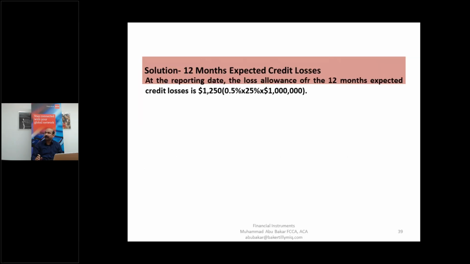So this way you can calculate at the reporting date the loss allowance for the 12 months expected credit losses: 1,250. And this is calculated by multiplying 0.5% by 25% by 1 million.